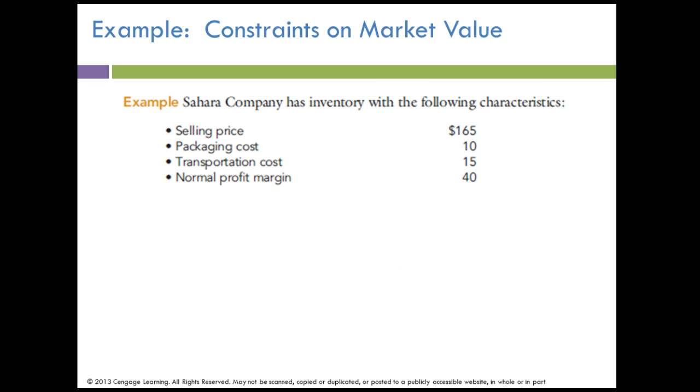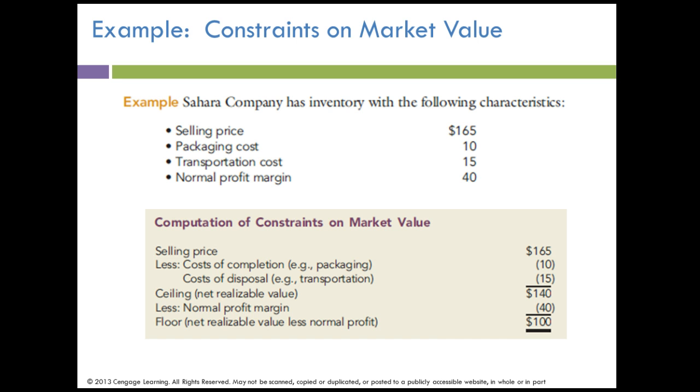Here's an example. Sahara has inventory with the following characteristics. There's the selling price. Along with that, there's packaging cost, transportation cost, and what is termed a normal profit margin on this product.